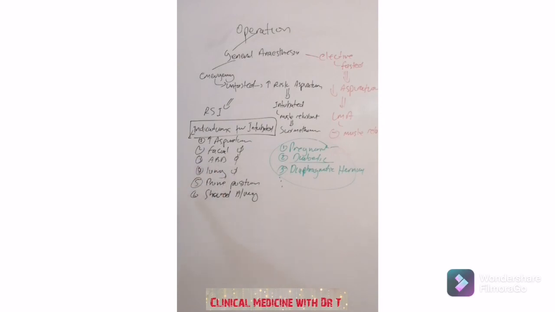That's an unfasted patient who needs an abdominal surgery. So there are two reasons why you should intubate that patient. Reason number one is that they are unfasted, meaning risk of aspiration. Reason number two is that they are going to have abdominal surgery. Those are two reasons to intubate the patient.